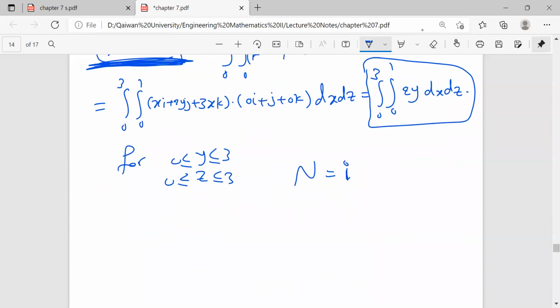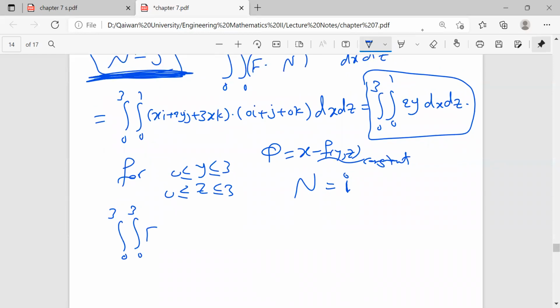Here phi equals x minus f of yz. This is a constant. If it's a constant, then phi sub x is 1, phi sub y is 0, and phi sub z is 0. So you get i. This is n. And then the double integration, let's take y first, from 0 to 3, and z from 0 to 3, for F dot n dy dz.